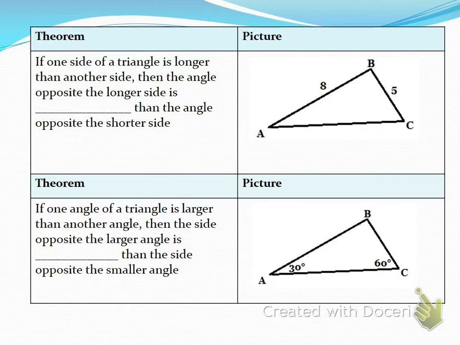We have a theorem that states if one side of a triangle is longer than another side, the angle opposite the longer side is larger than the angle opposite the shorter side. So what that means in this diagram is that which angle is going to be bigger than which other angle?